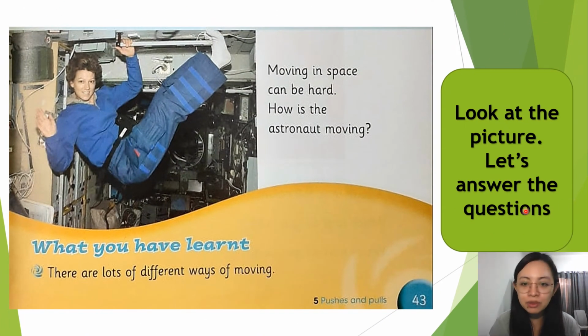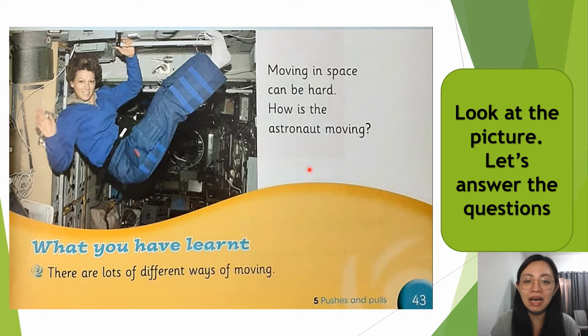Now I want you to observe this picture on the same page. What can you see? What can you say about this picture? Okay, so moving in space can be hard. What is this? This girl is an astronaut. Maybe she is in outer space or in the spacecraft. How is the astronaut moving? Do you know?